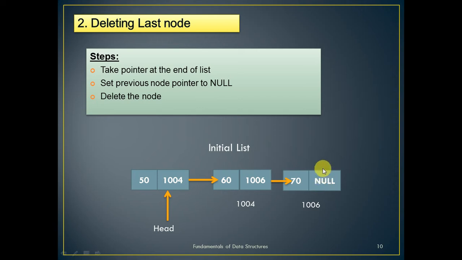Then we set the previous node's pointer to null. This last but one node will contain null, and then we delete the last node.